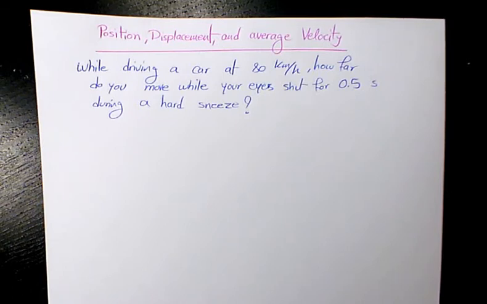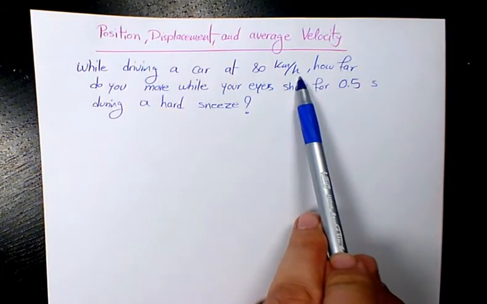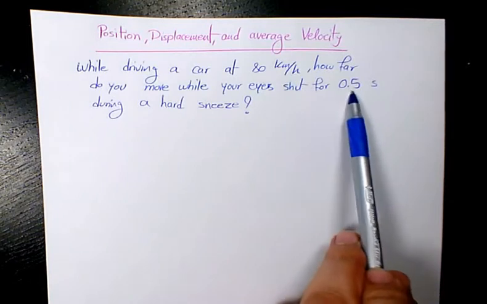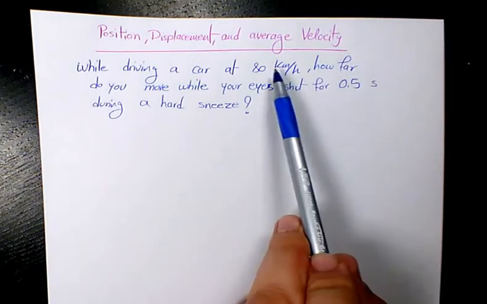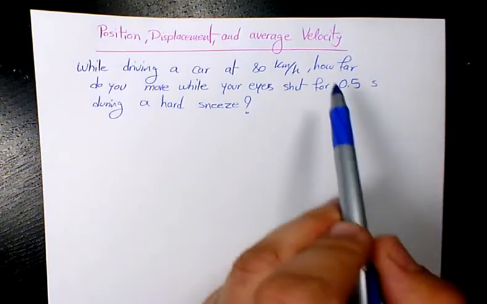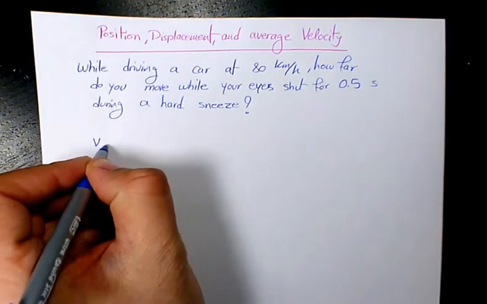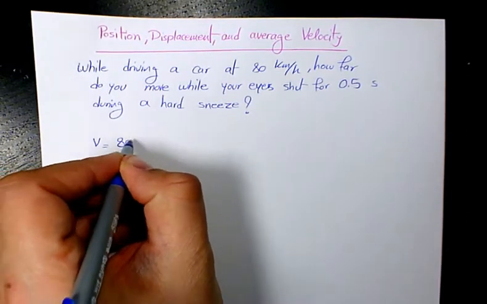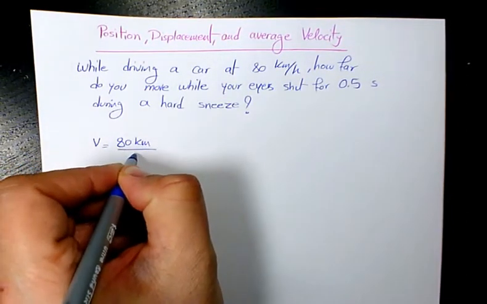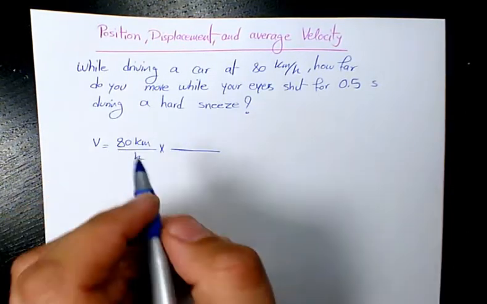So the first thing you need to do here, the velocity is in terms of kilometers per hour. And here we have the time in terms of seconds. So it's better to convert this velocity from kilometers per hour to meters per second. So it's going to be 80 kilometers per hour. Then you can do some conversions.